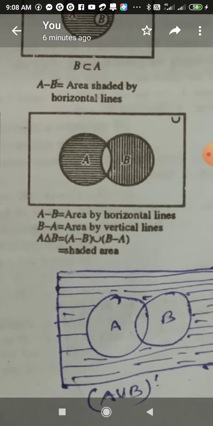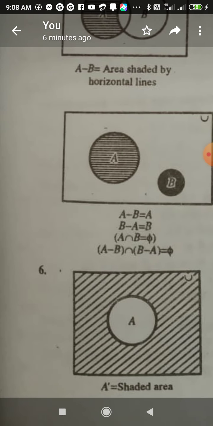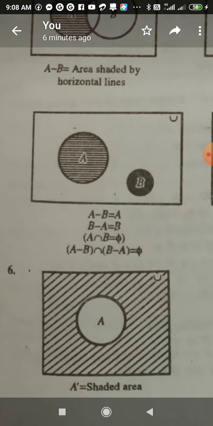So A delta B, this is the symmetric difference, A minus B union B minus A, it is also a shaded region. Next, A dash, this is the complement set, A dash, except A, all the tilted lines represent this area.